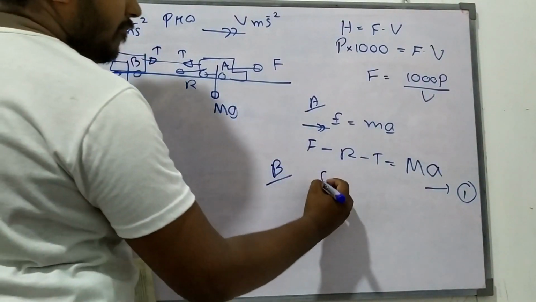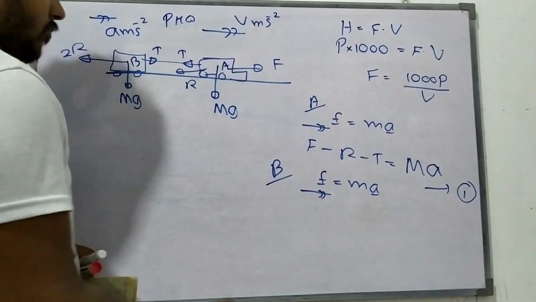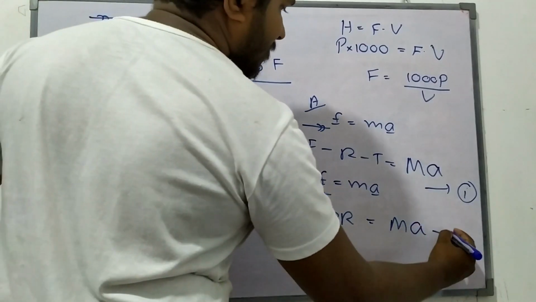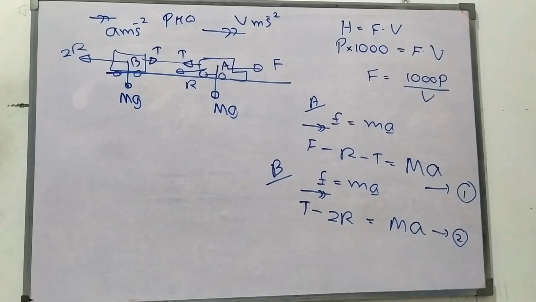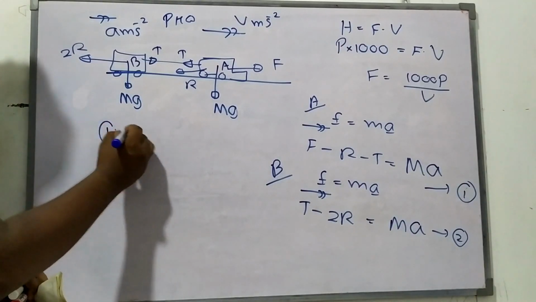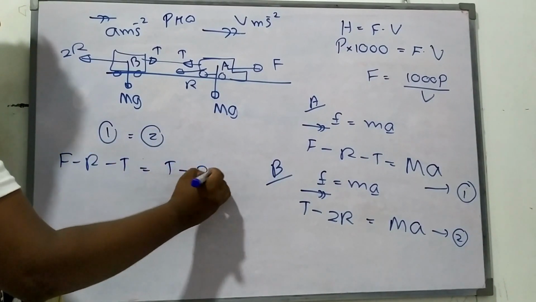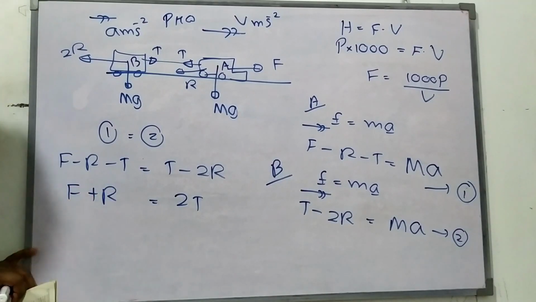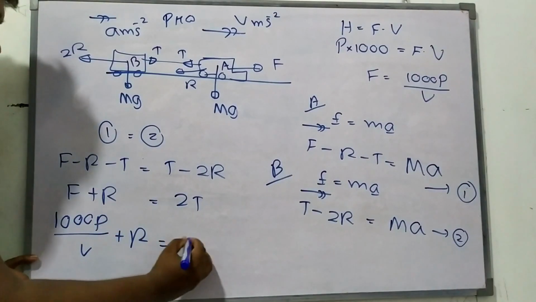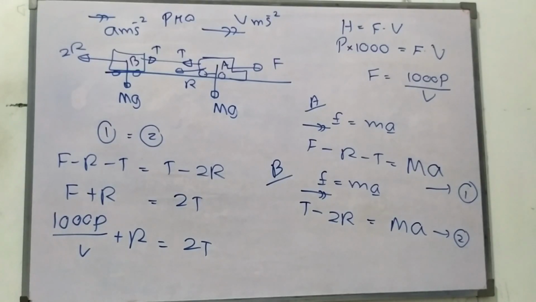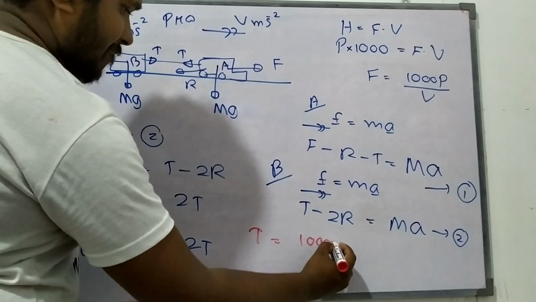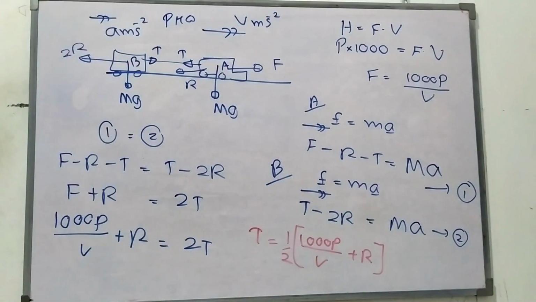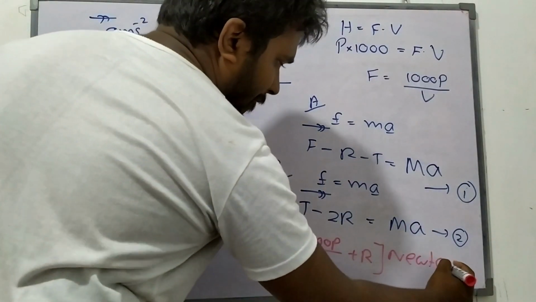And for the trailer B, T minus 2R equals M A. Then this is the tension of the string, right?